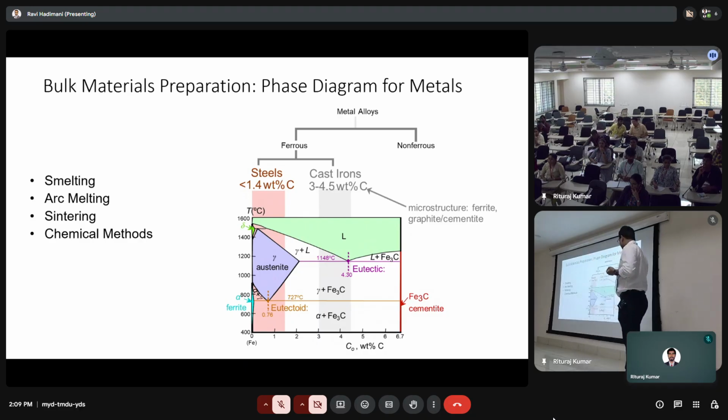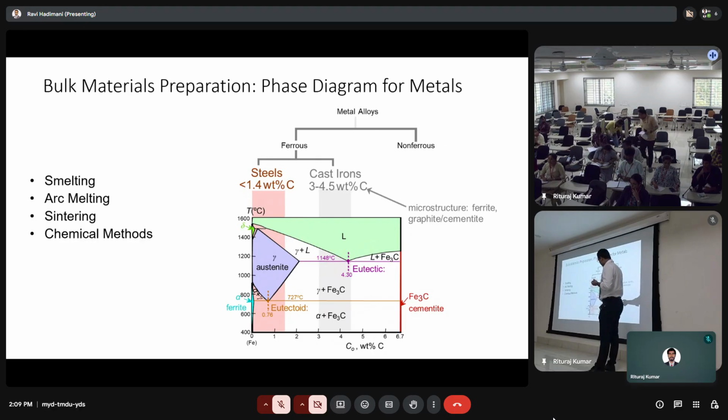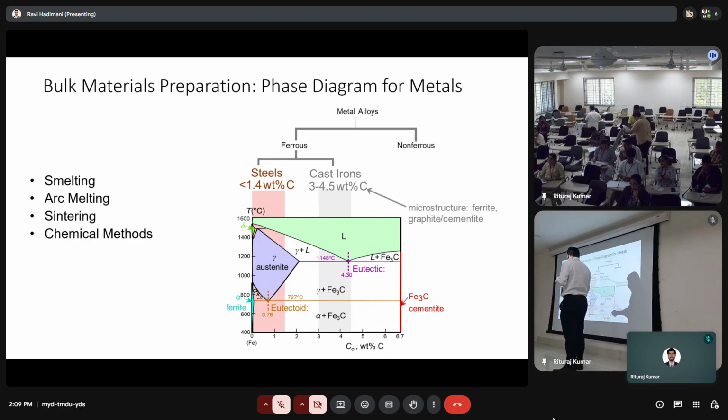Okay, so 6.7% is cementite. This is a compound, right? Compounds are represented as lines in your phase diagram. And this is liquid, and here are three phases. That is gamma, that is austenite; alpha, that is BCC, so alpha is ferrite.